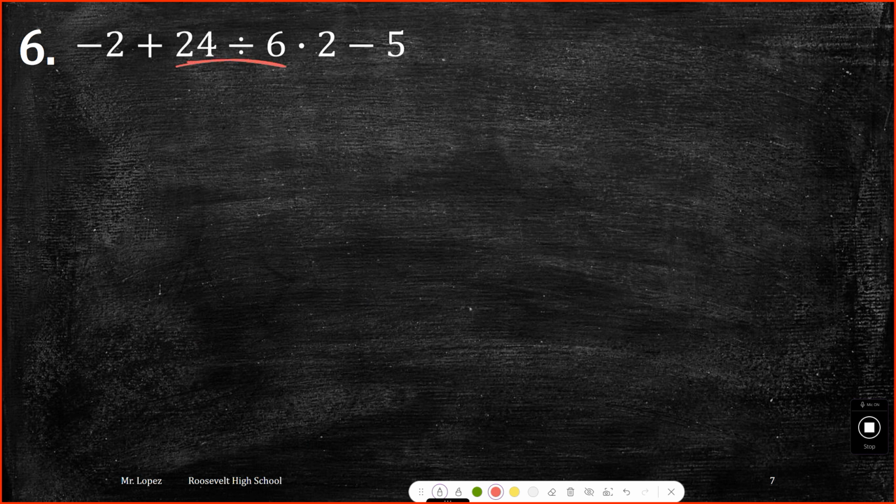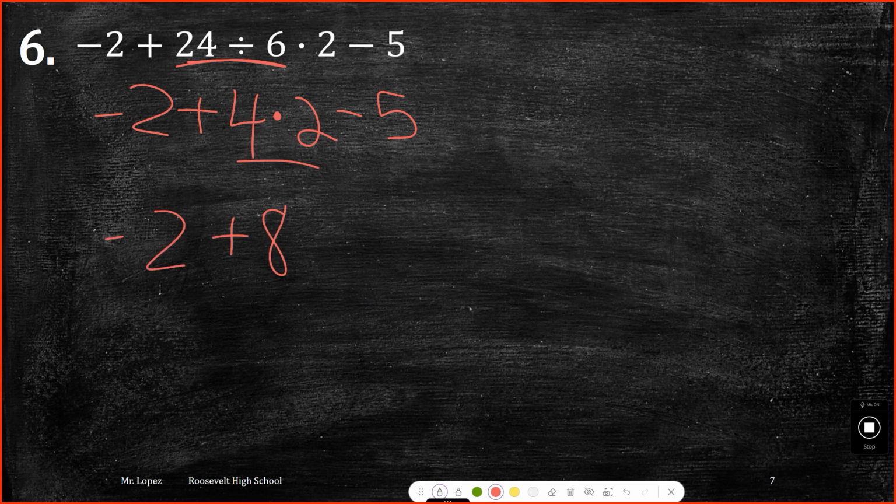Teenagers. 24 divided by 6, 4. Bring everything else down. Okay, these are babies. Pluses and minuses, that's babies. -2 plus 8 is 6, minus 5.